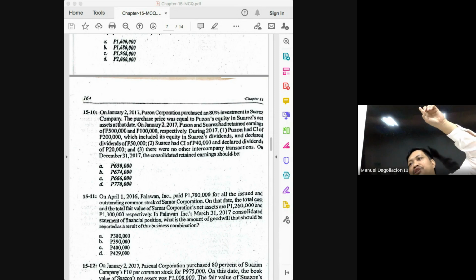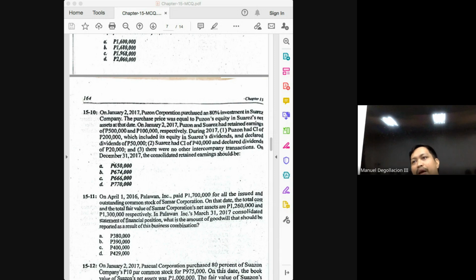comes from the share of the parent in the undistributed earnings of the subsidiary. What am I trying to tell you now? The difference between the ending RE of the parent and the ending RE of the consolidated entity will simply be the share of the parent in the undistributed earnings of the subsidiary.